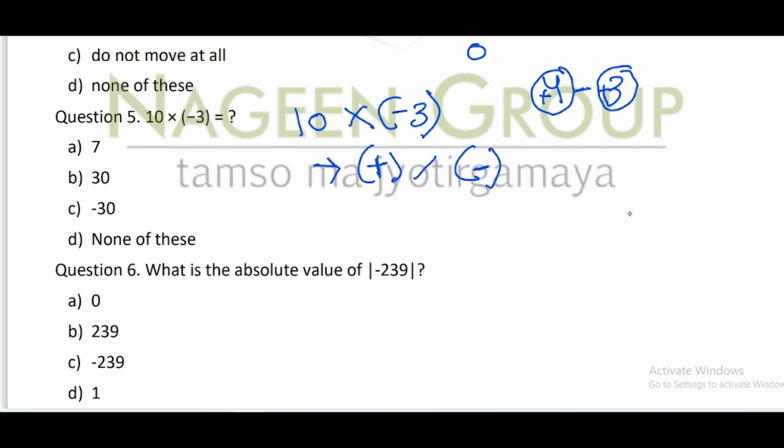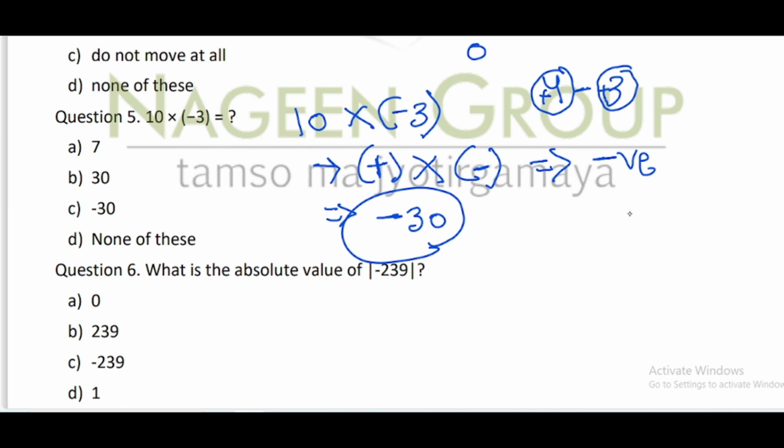If we multiply opposite signs, then the result is a negative integer. Then the symbol is negative, and if we multiply 10 into 3, that is 30. And the right answer is minus 30.